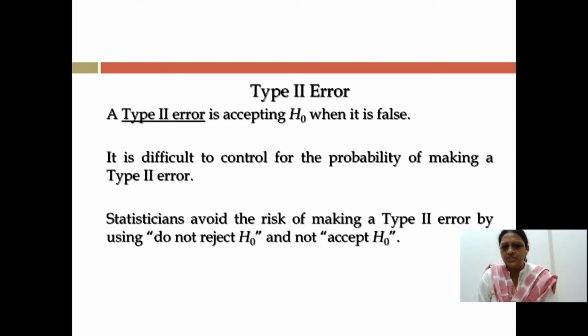So statisticians avoid the risk of making a type 2 error by writing words like "we do not reject the null hypothesis", and never write "we accept the H0", because based on only a single data set we can never say that we are accepting H0. We always write that we do not reject H0.